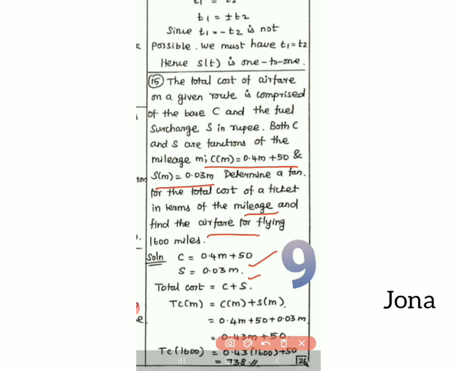The total cost is C plus S. We want to add both, so C of M plus S of M. C of M is 0.4 m plus 50 and S is 0.03 m. If you add this, we get 0.43 m plus 50.